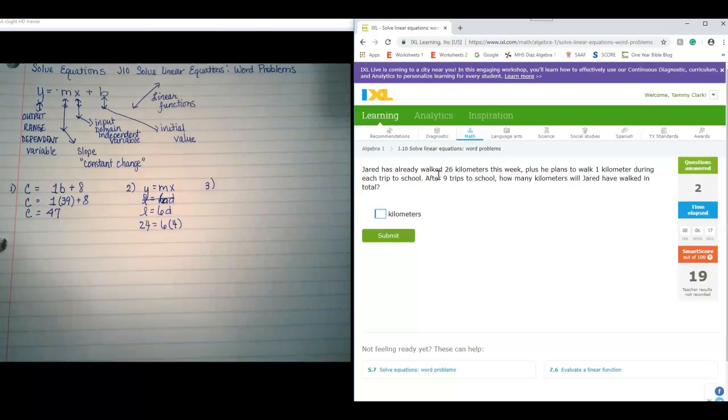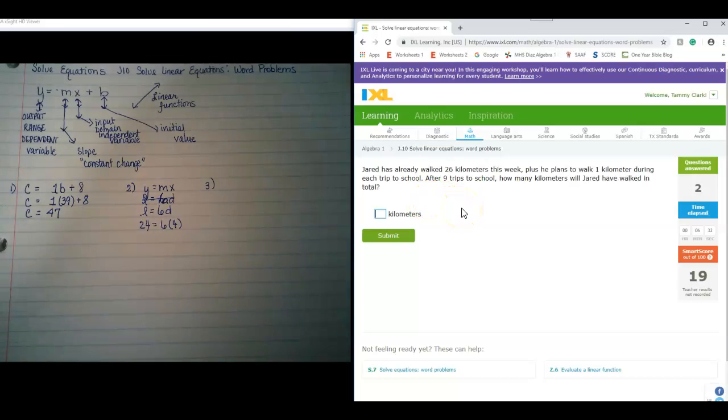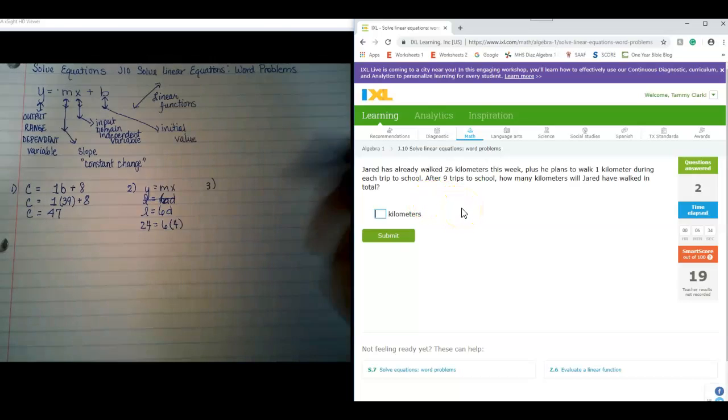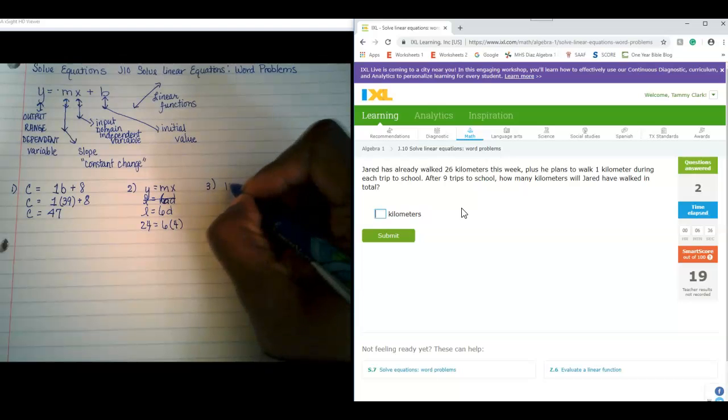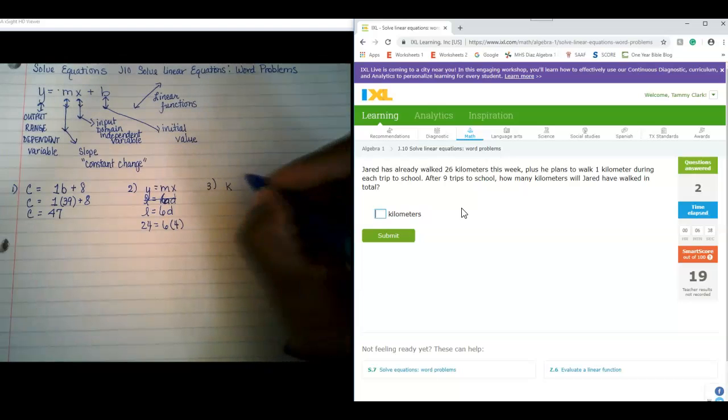Jared has already walked 26 kilometers this week. Plus, he plans to walk 1 kilometer during each trip to school. After 9 trips to school, how many kilometers will Jared have walked in total? So, okay, we're looking for the number of kilometers that he walked.